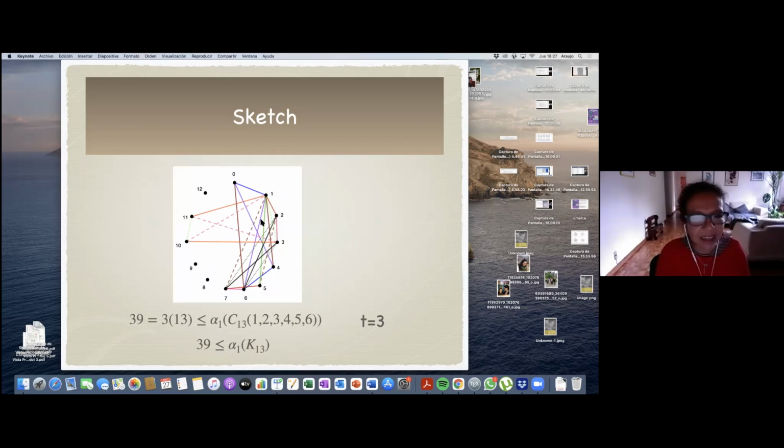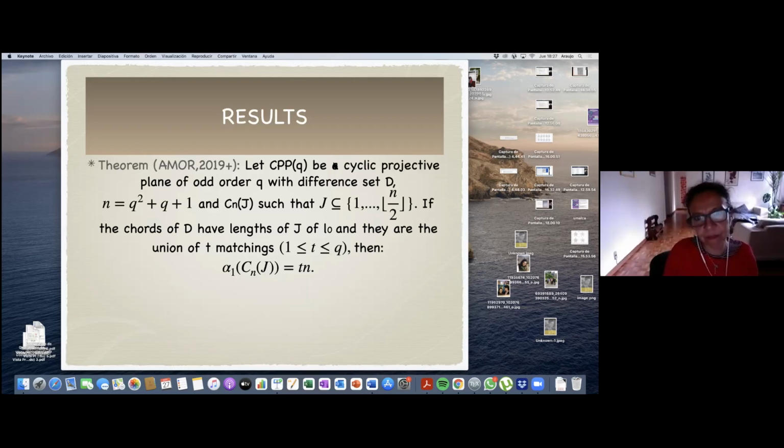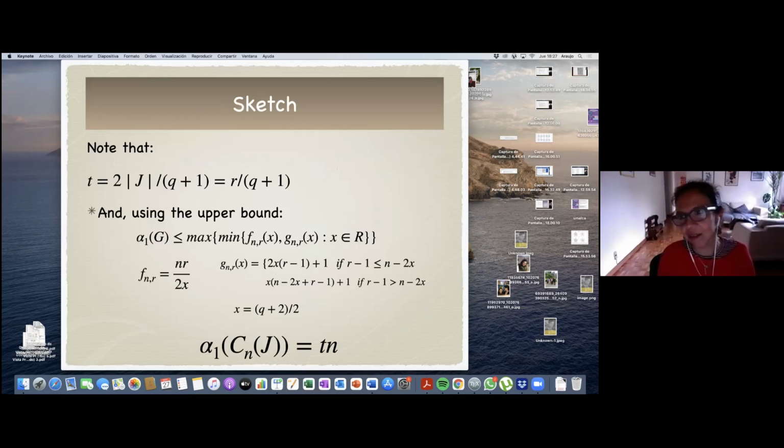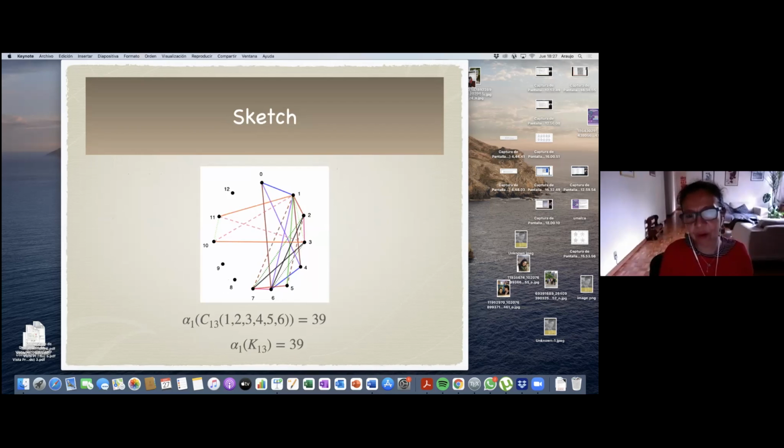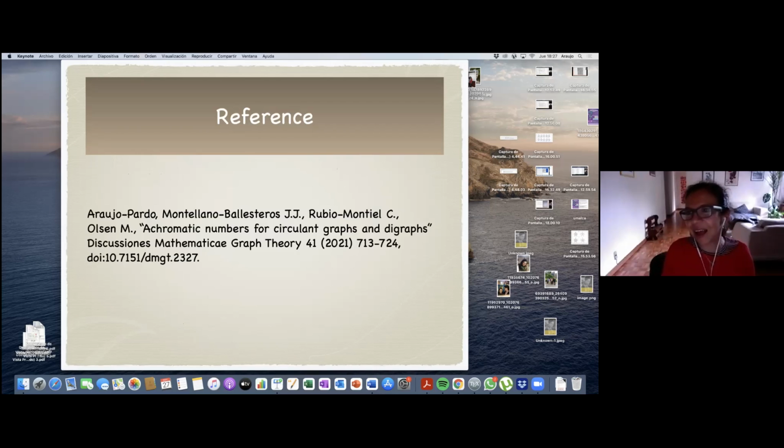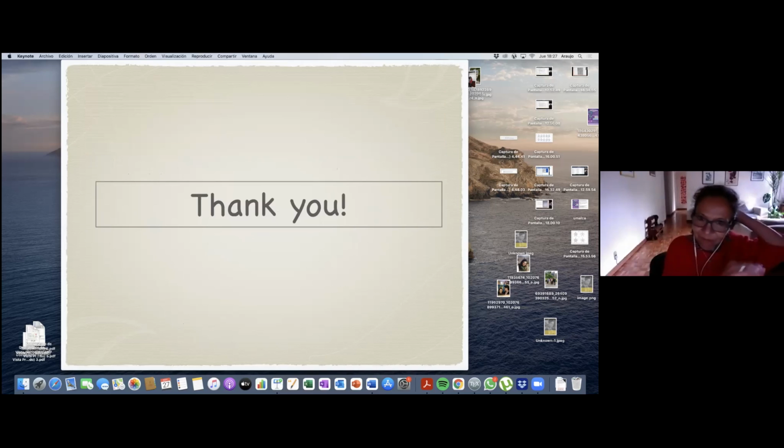And this is exactly the same with the complete graph, and that was our first work in this topic. And this is the theorem, and obviously that is magic, because we attain the upper bound, and we have equality here. This is a work that has just been accepted. And thank you, that's all. Thank you for your attention.